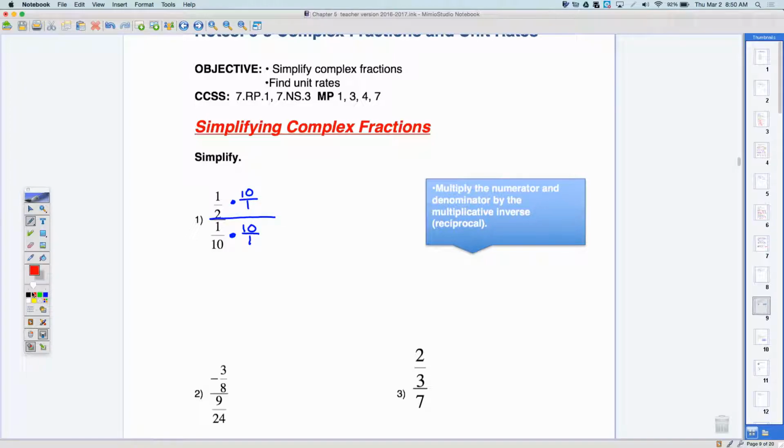When you do that, everything in your denominator cancels out to 1. In the numerator, it's just like multiplying fractions. We can cross-cancel the 2 to become a 1, the 10 to become a 5, and we end up with 5 over 1, which is a unit rate, or just 5.